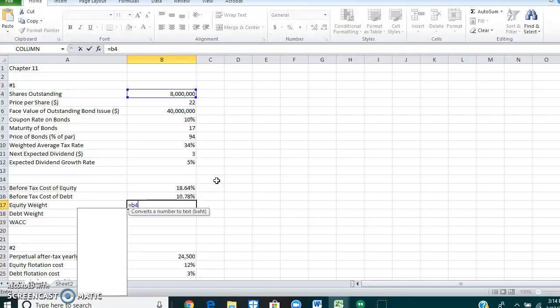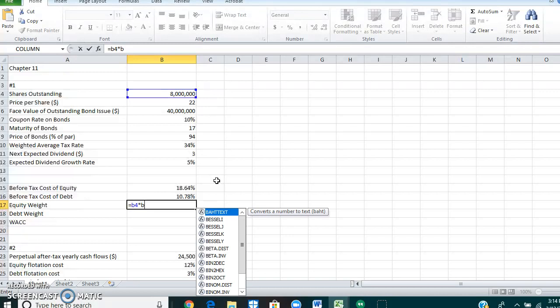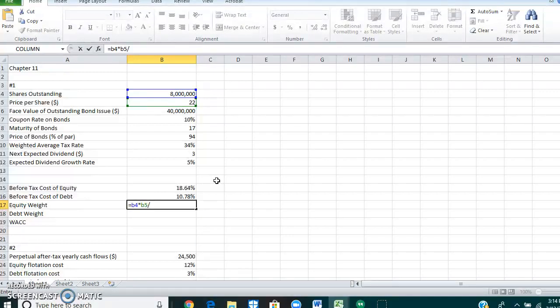For me, that is B4, times the price per share, B5, divided by parentheses, price per share, B5, times shares outstanding, B4, plus the face value of outstanding bond issue, B6, times the price of bonds, which is B9, divided by 100, close parentheses.